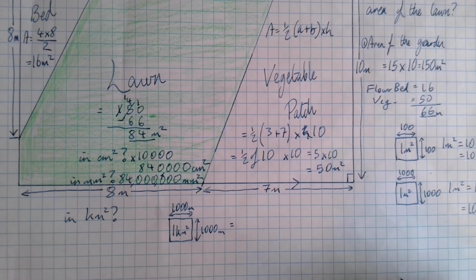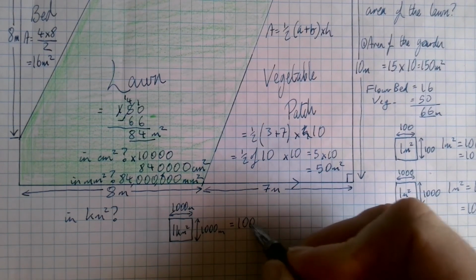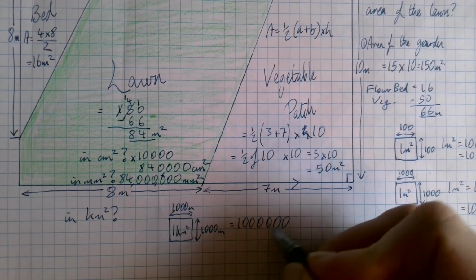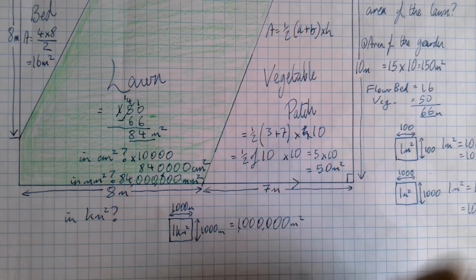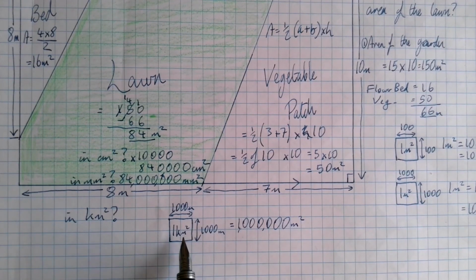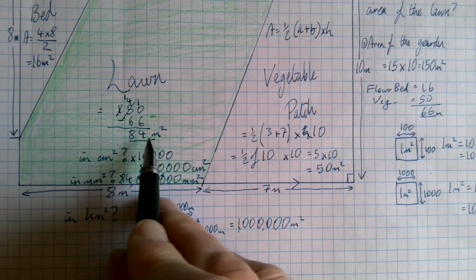So 1 square kilometer is 1,000,000 square meters. So if a square kilometer is 1,000,000 times bigger, it needs 1,000,000 of these.